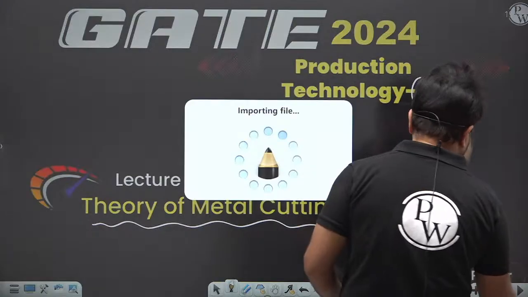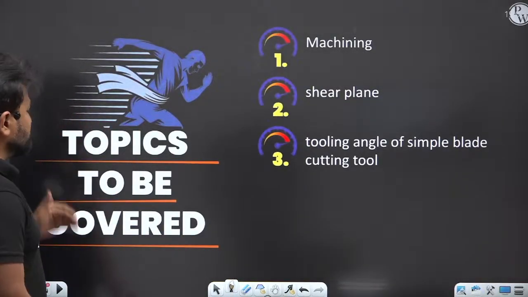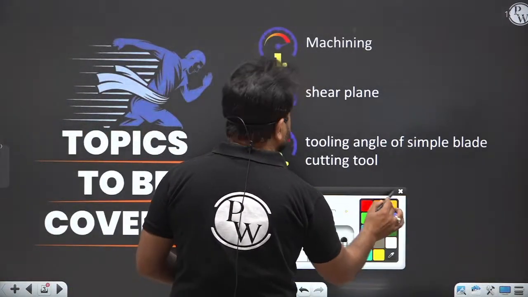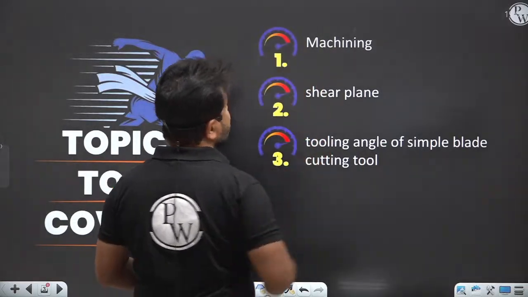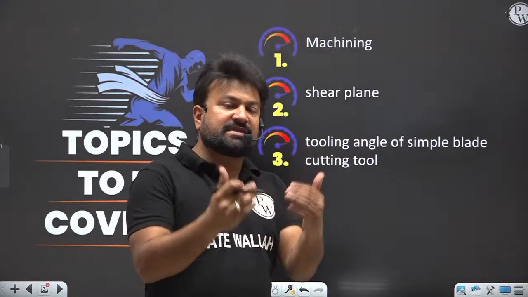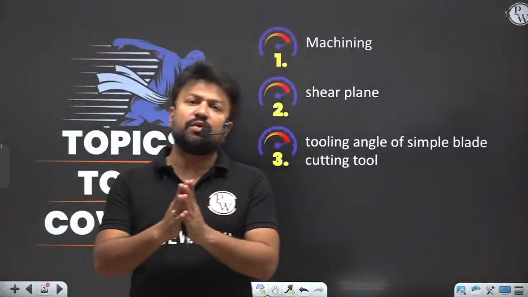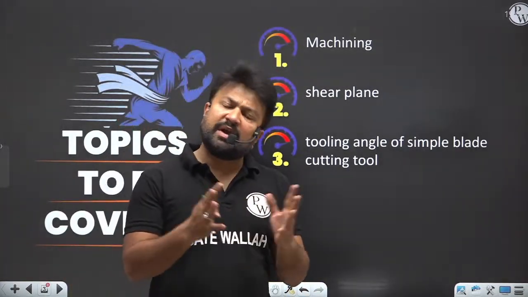So here I'm going to start the lecture. Topics to be covered in today's session: first of all, I'm going to discuss some basic concepts, like what is a single point cutting tool, what is a double point cutting tool, and what is a multi-point cutting tool.